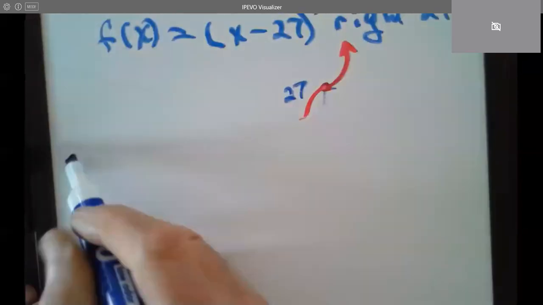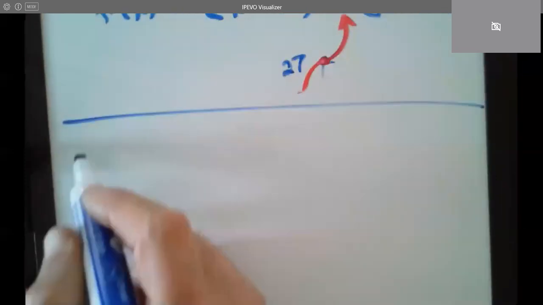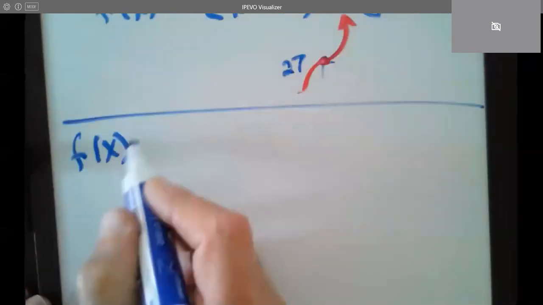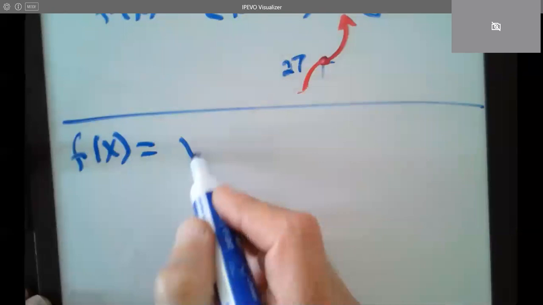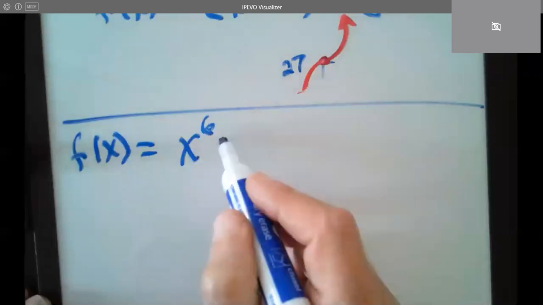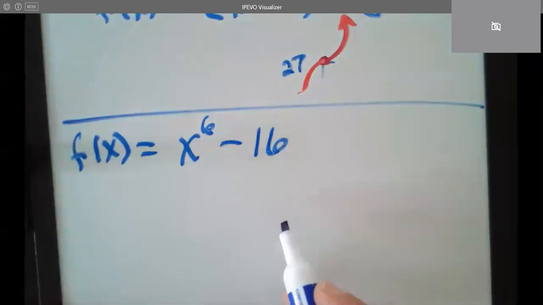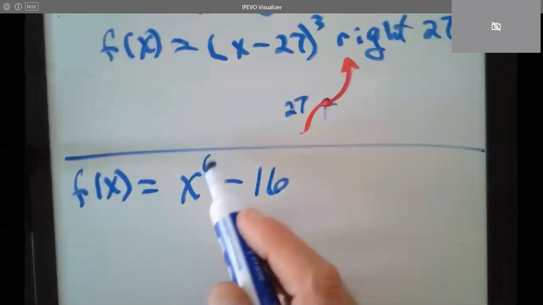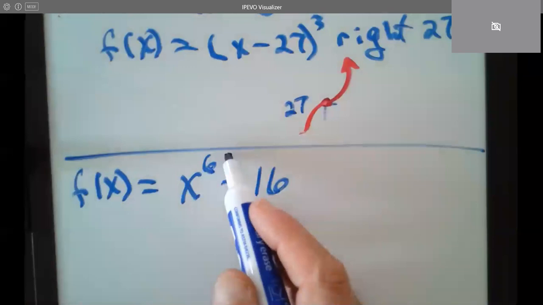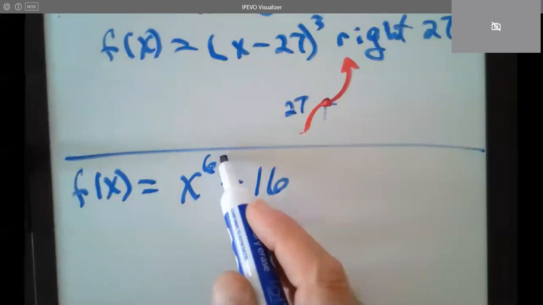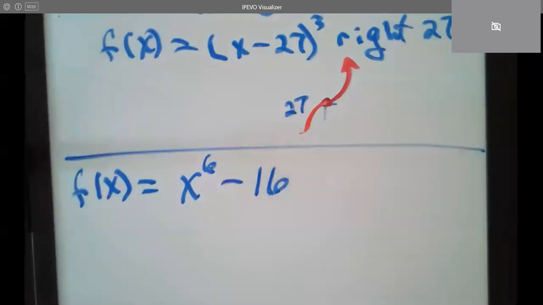Okay, so the next one is f of x equals x to the 6th minus 16. Is x to the 6th going to behave like x squared or x cubed?